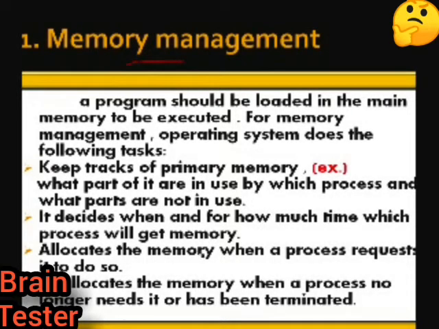It decides which process will get memory, when, and for how much time. It allocates memory when a process requests it, and deallocates it when the process no longer needs it or has been terminated. These all belong to the group of memory management.